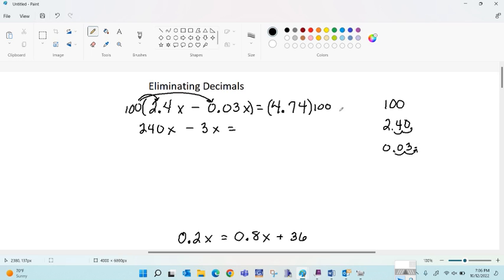And then 100 times 4.74 moves it 2 places this way, and I get 474.